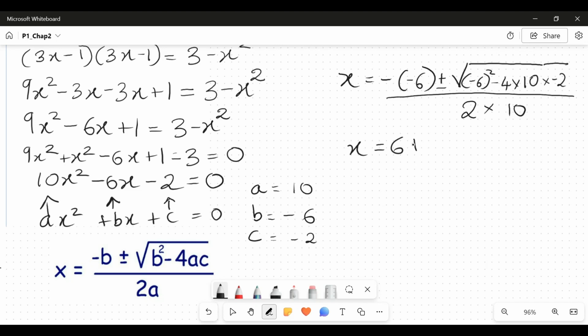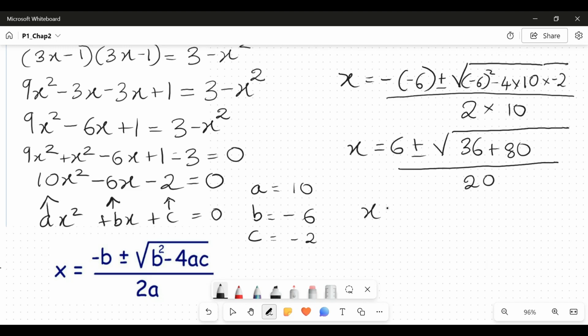Now x equals minus minus 6 is plus 6 or positive 6, and that's plus or minus square root of b squared, which is minus 6 squared, that's 36, and minus 4 times 10 times minus 2 is plus 80, divided by 2 times 10, which is just 20.